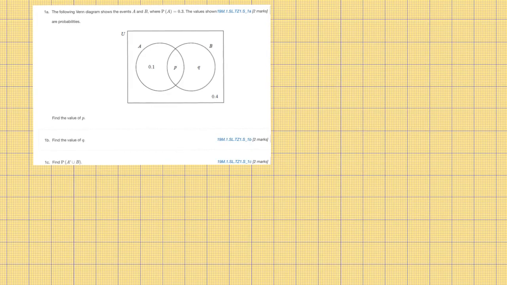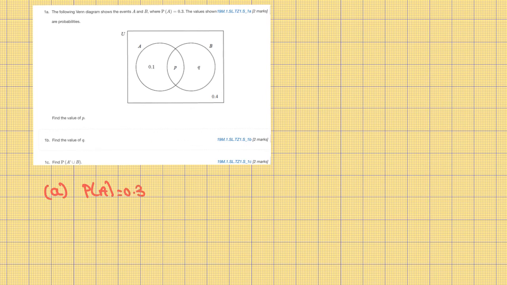A typical IB exam question is the one shown. The following Venn diagram shows the events A and B, where the probability of A is 0.3. The values shown are probabilities. Part A. Find the value of P. We are told that the probability of A is 0.3.